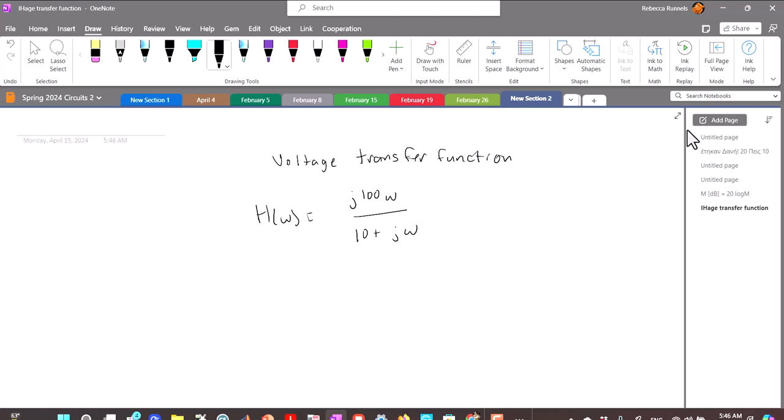Now we have to get this in the correct form. We need the bottom factor to be 1 plus something, so we need to factor a 10 out of the bottom, and we'll put the 100 in front because then we can see it as part of the constant.